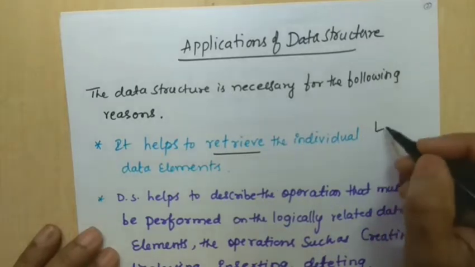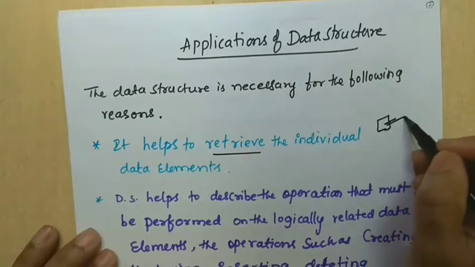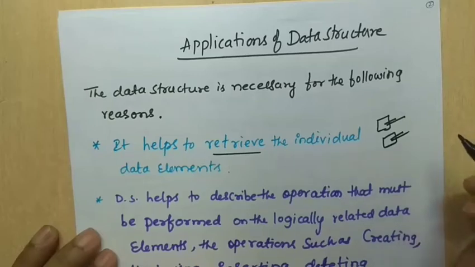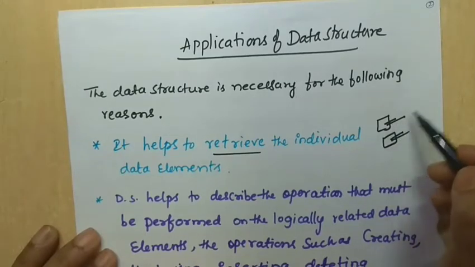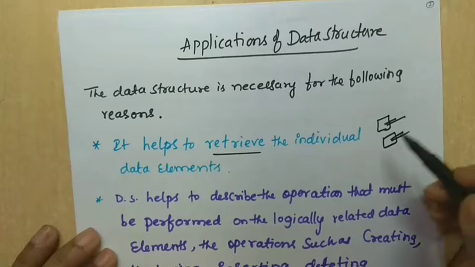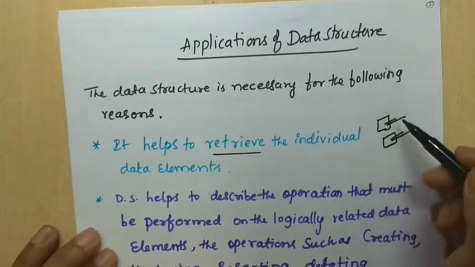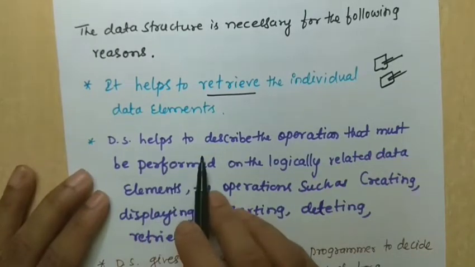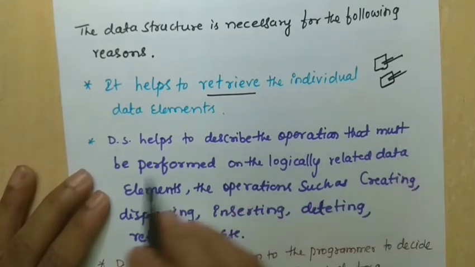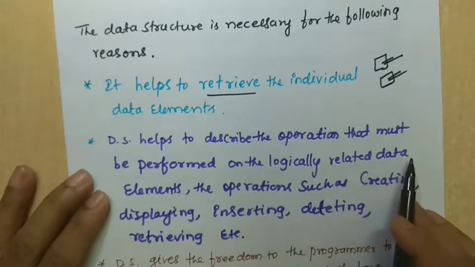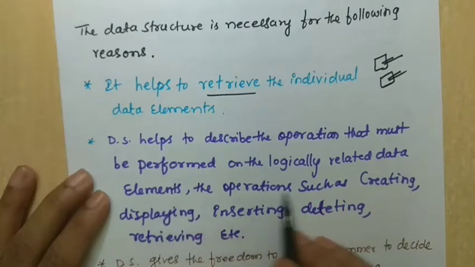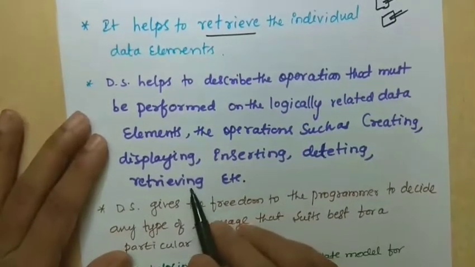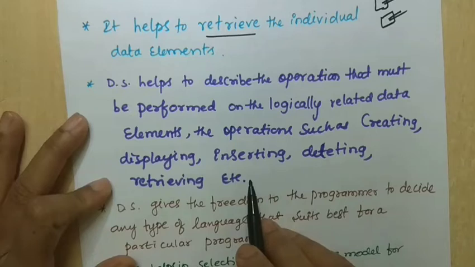It means I have one value, I create it and I store it, then I accept it and I print it. I read and I write on both sides. This is retrieve. Data structure helps to describe the operations that must be performed on logically related data elements, such that operations like creating, displaying, inserting, deleting, and retrieving are well performed.